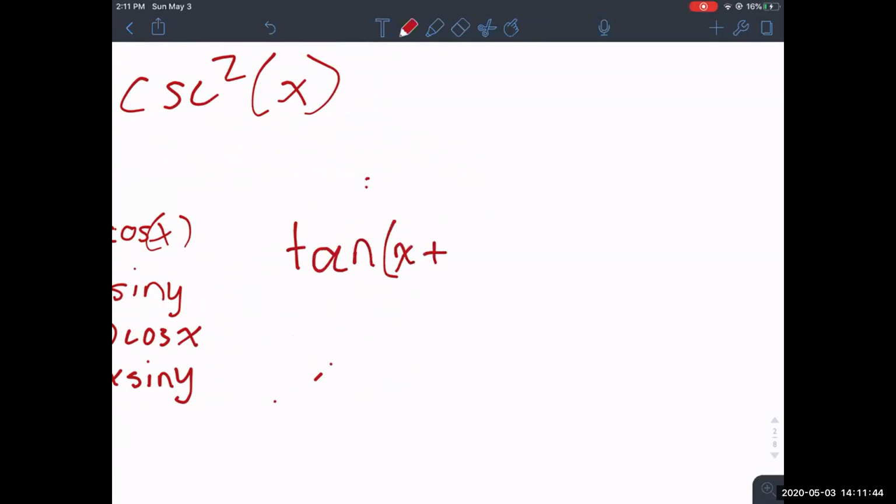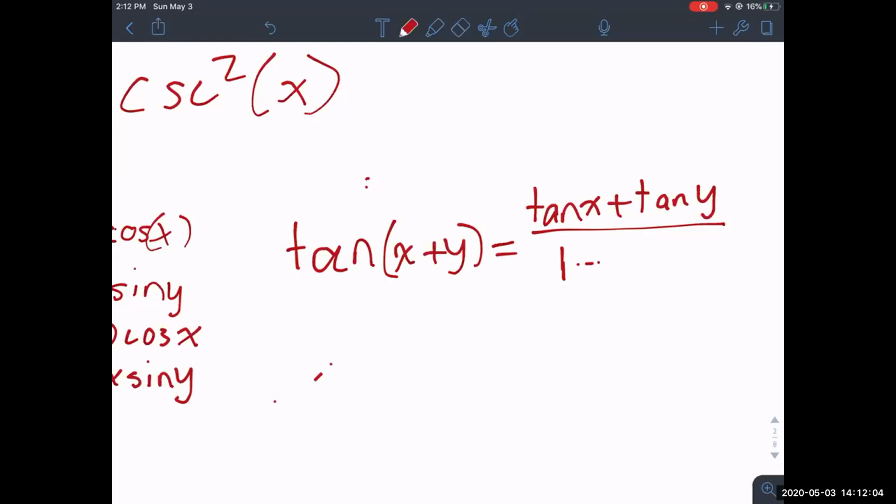Tangent of x plus y is equal to tangent x plus tangent y over 1 minus tangent x tangent y.